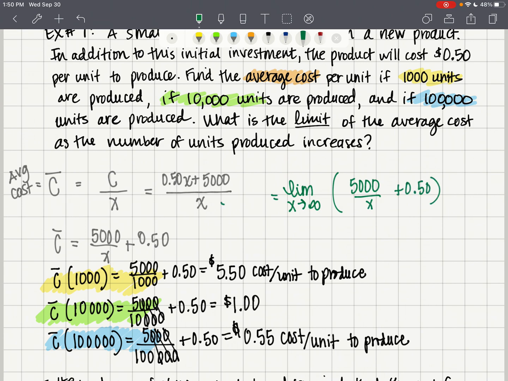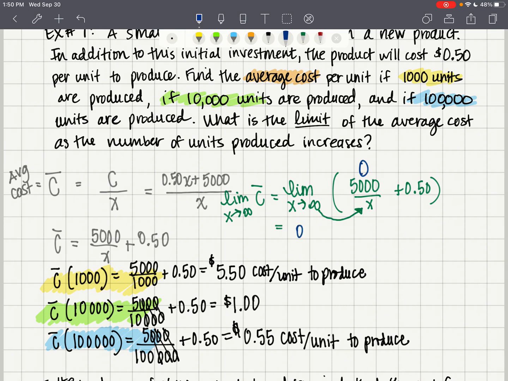So what we're doing is we're finding the limit as x approaches infinity of C bar. As I put that infinity in for x, 5,000 over a super huge number would end up being 0. It would end up being insignificant, which would be 0.